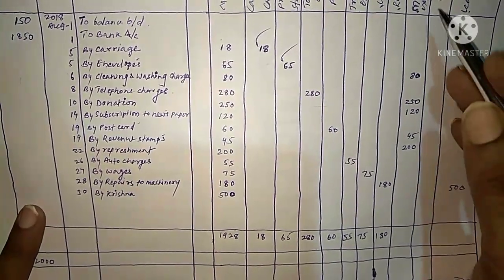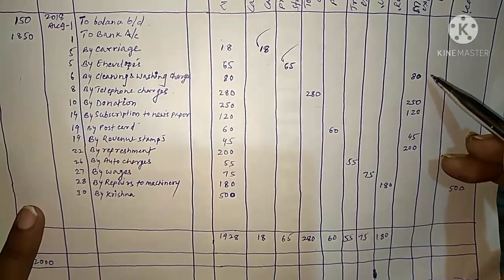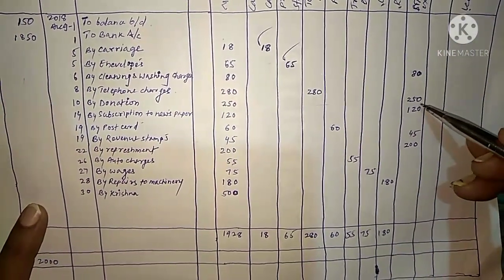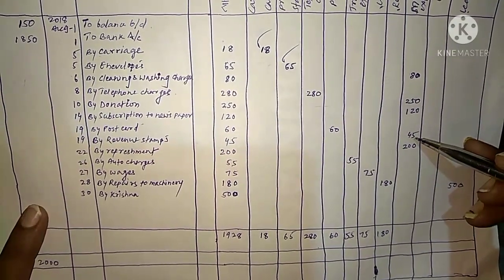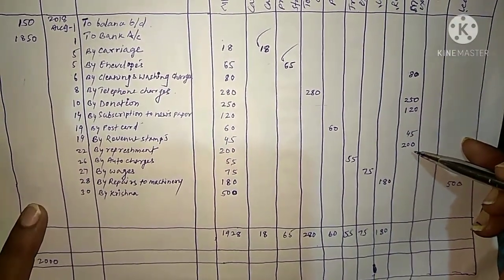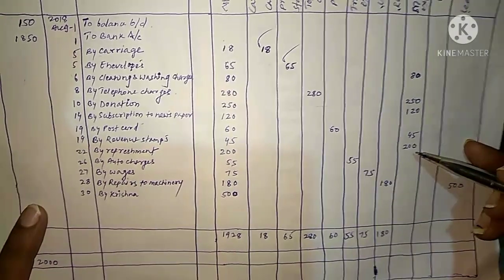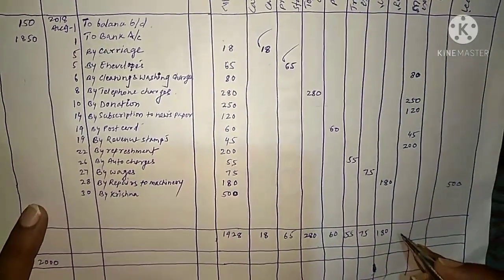And now we have to make the total of miscellaneous expenses, that is 80, 250, 120, 45 and 200. The total will come to 695.